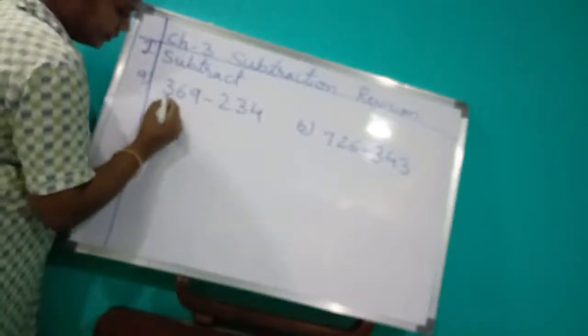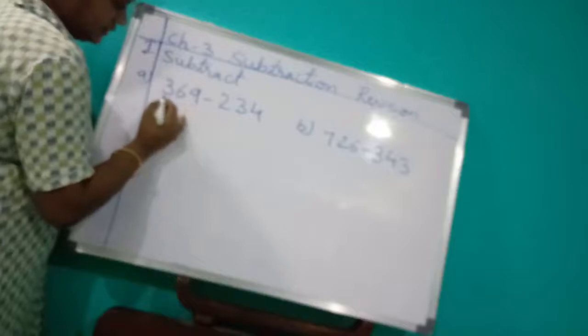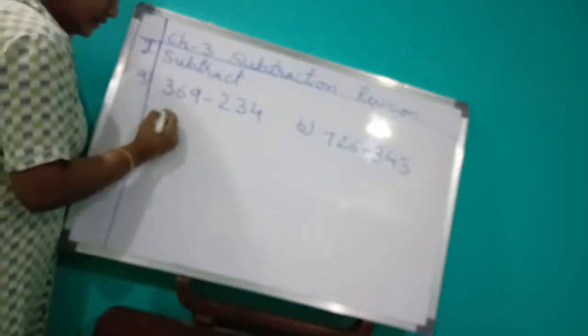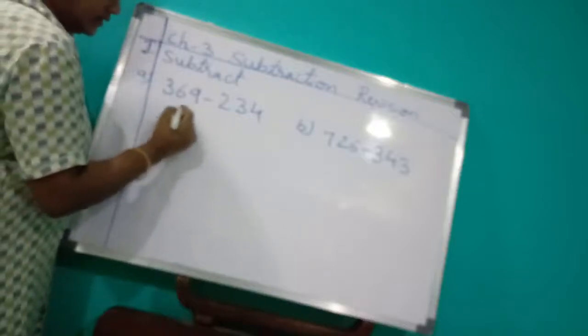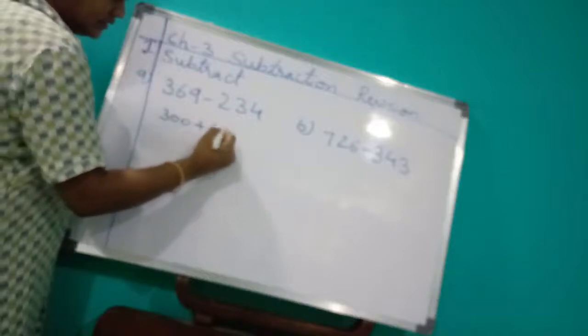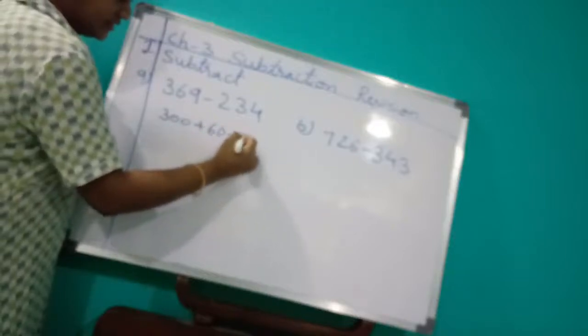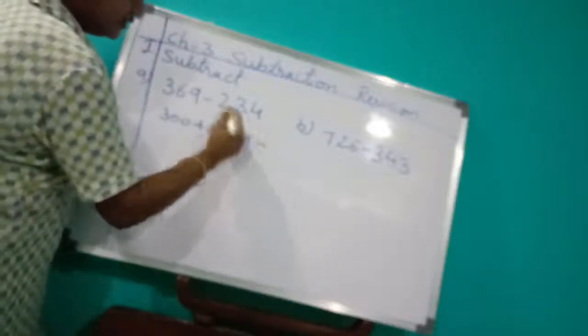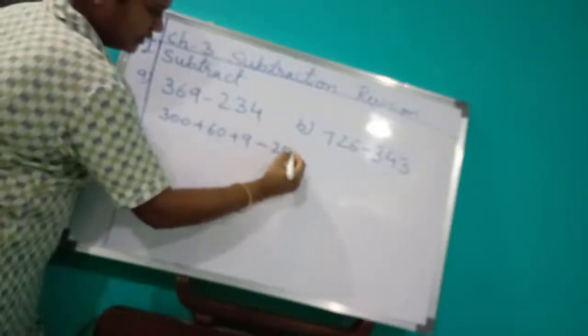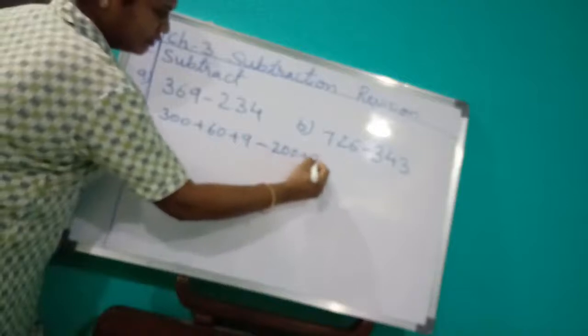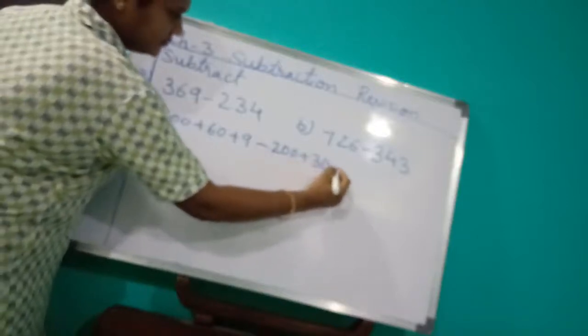Okay. What is this number? 369. 300 plus 60 plus 9. Yes, this one. Minus, what is this? 234. Yes.